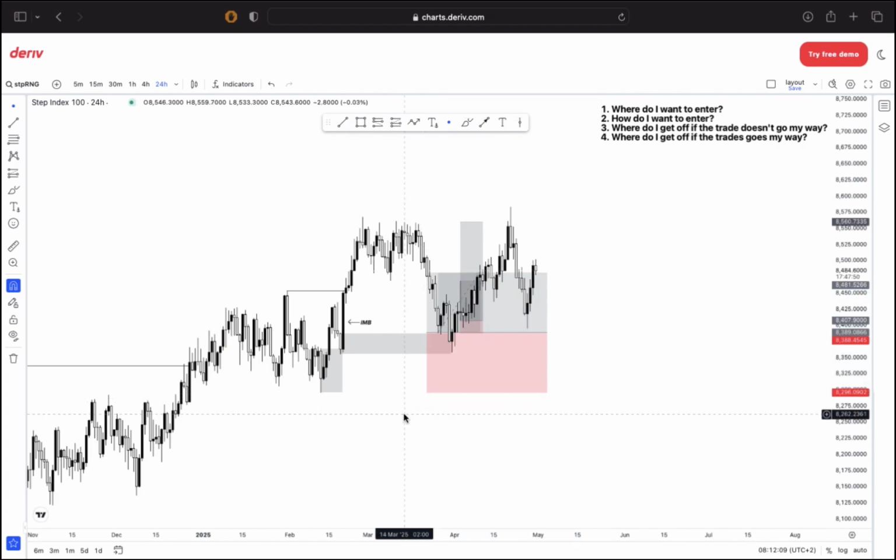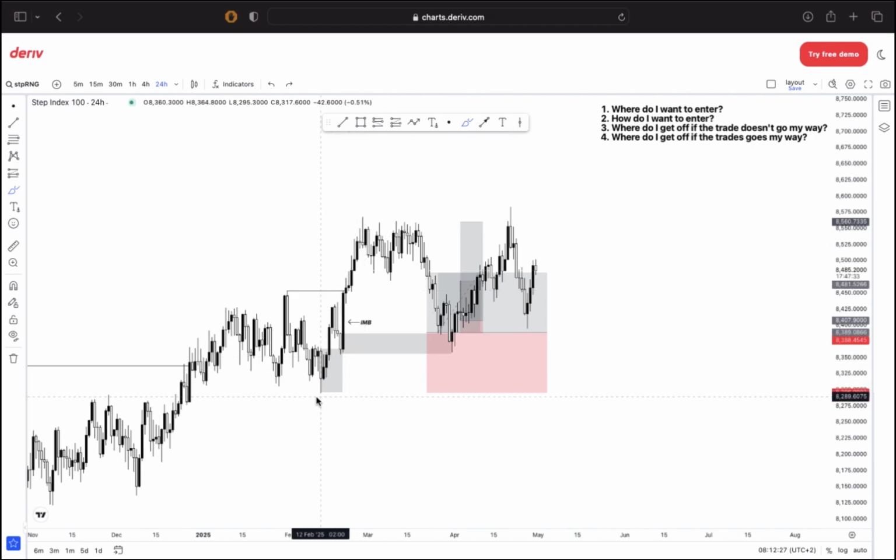The reason why I want to be placing my stop loss around that low is that around this area here, this is where the big fund institutions had some interest in driving price to the upside.